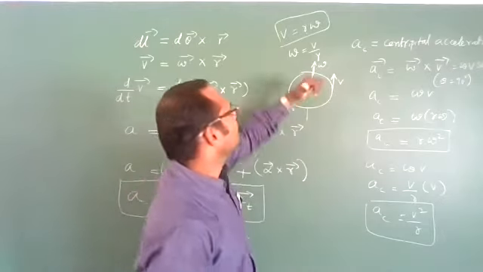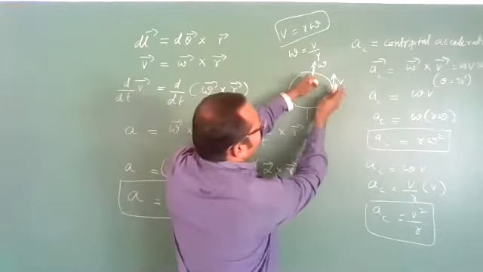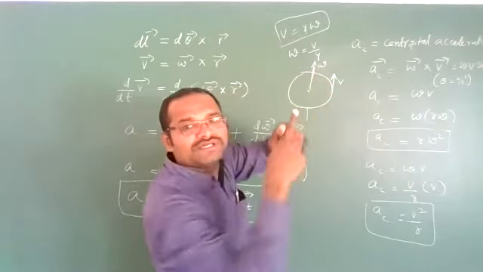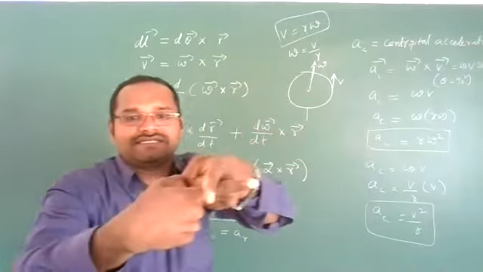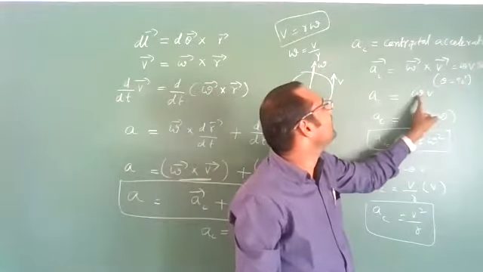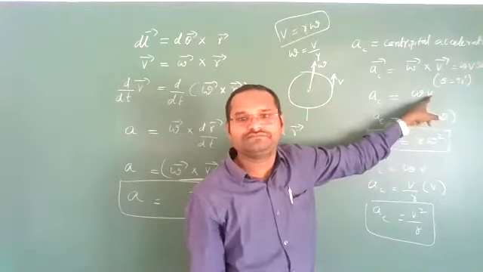This is omega, this is V. The angle between them is 90 degrees. So theta is 90 degrees, and we can write omega into V in magnitude.